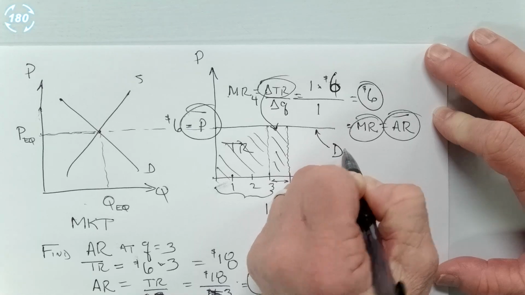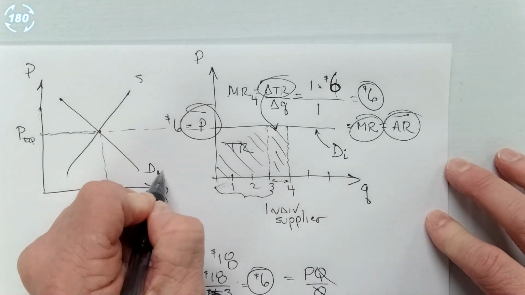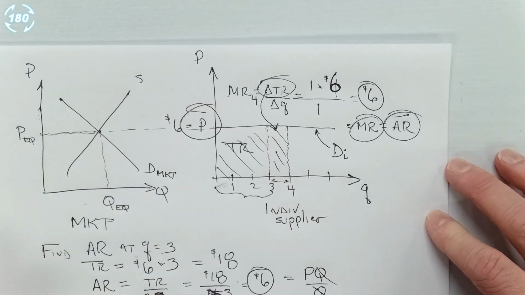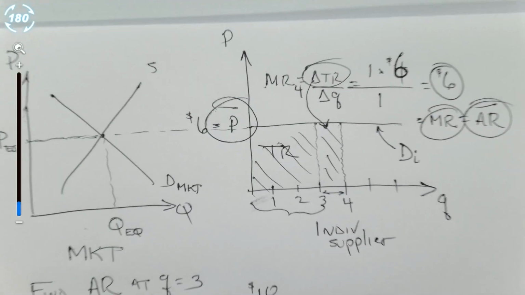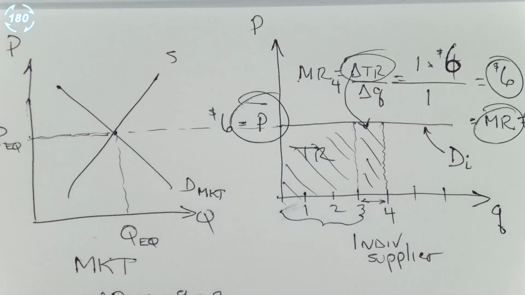Sometimes we'll write it this way, D sub I. It's the individual demand curve as opposed to the market demand curve, which is over here. So that's the market demand curve. It's downward sloping, right? But in perfect competition, the individual demand curve is horizontal.